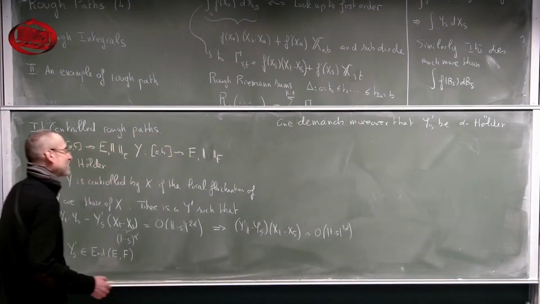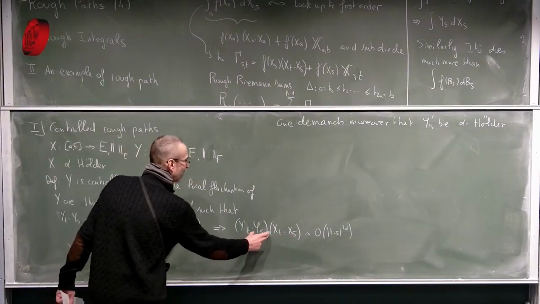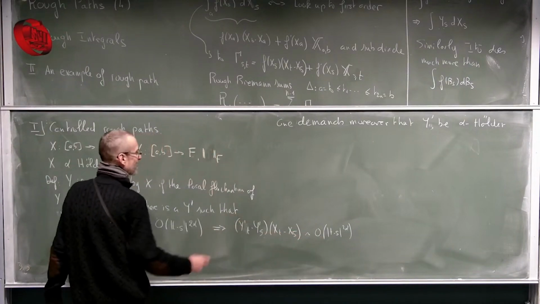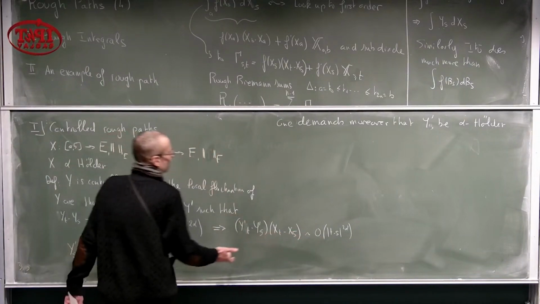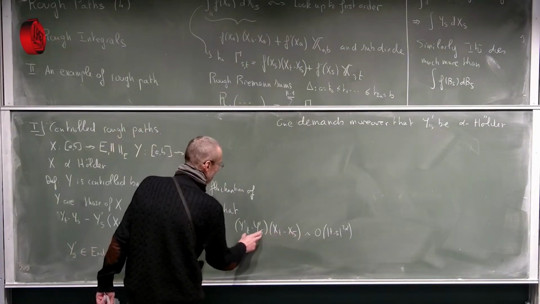And of course, this could be possible even if this is not alpha Hölder. If this is alpha Hölder, then we're done. So this is a sufficient condition. This is not a necessary condition because this one could be much smaller, and then this one could be bigger.